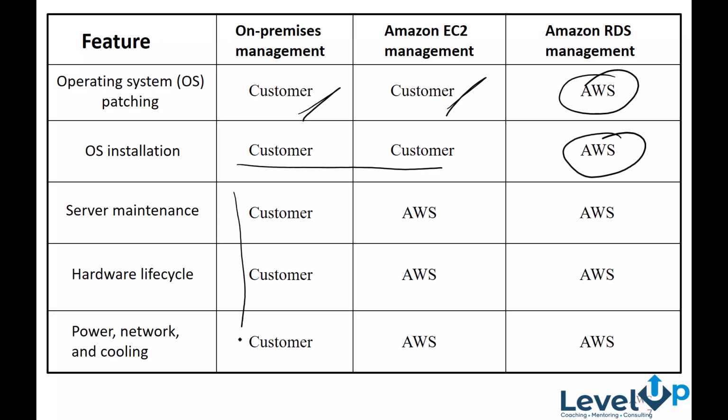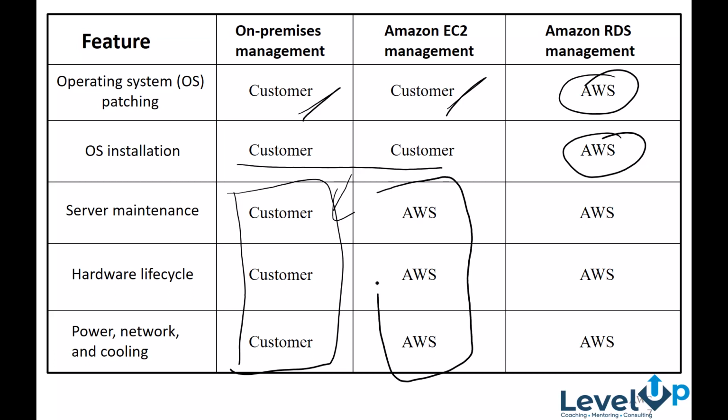The server maintenance, hardware lifecycle, power, cooling, etc. have to be taken care of by the customer if it is an on-premises server. But if you're purchasing a server from AWS, that is with the help of EC2, the server maintenance and hardware lifecycle are taken care of by AWS because the server is on AWS.